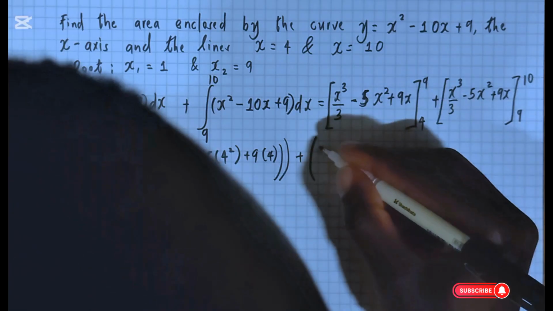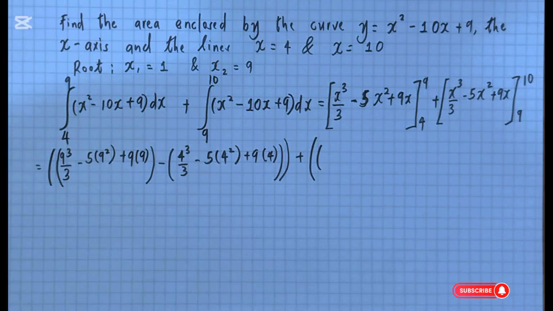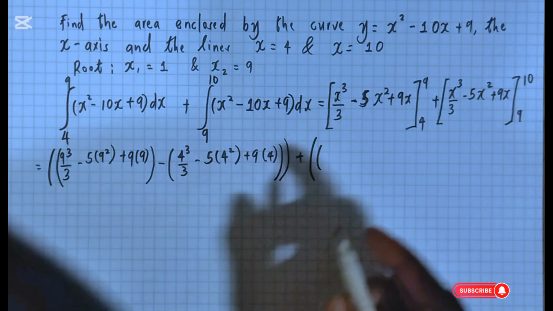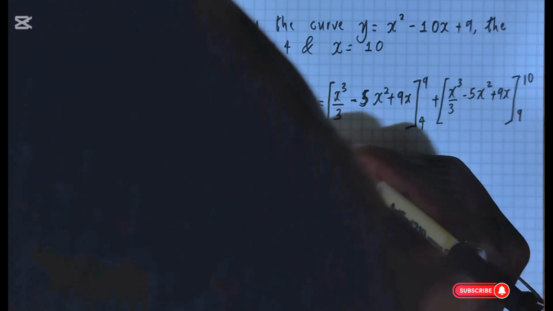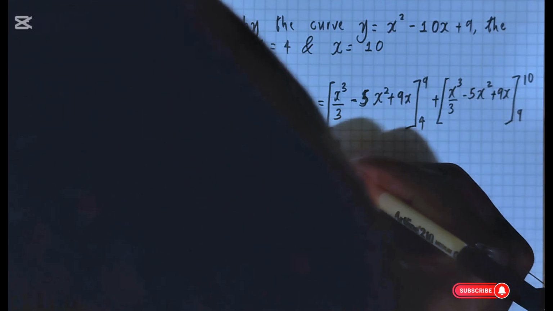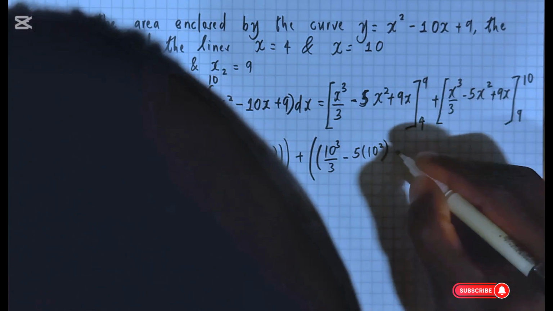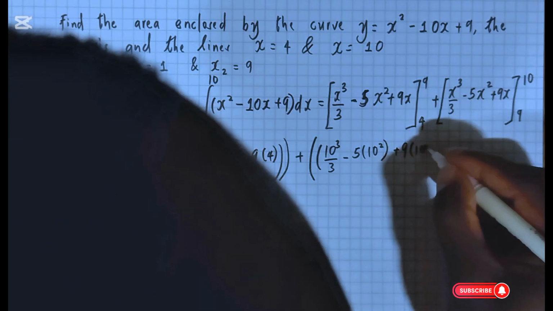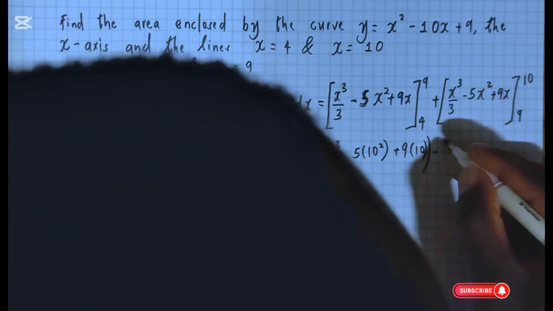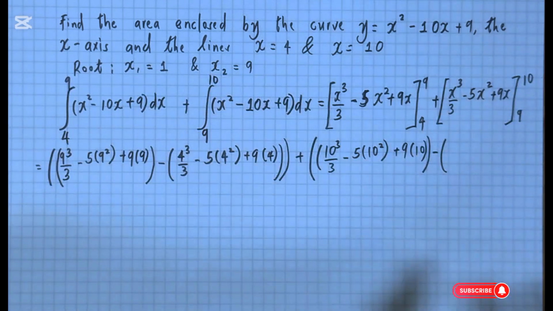Okay, so we begin with the upper limit there. Wherever we have x, we put 10. So it's going to be 10 cubed all over 3, minus 5 into 10 squared, plus 9 into 10. All that minus the difference of the upper and the lower limit.